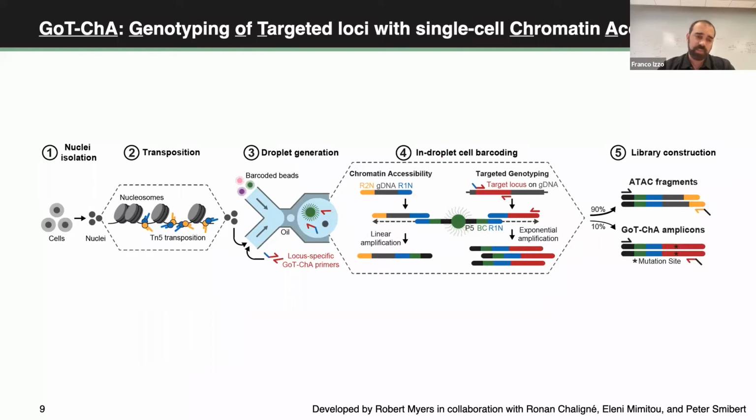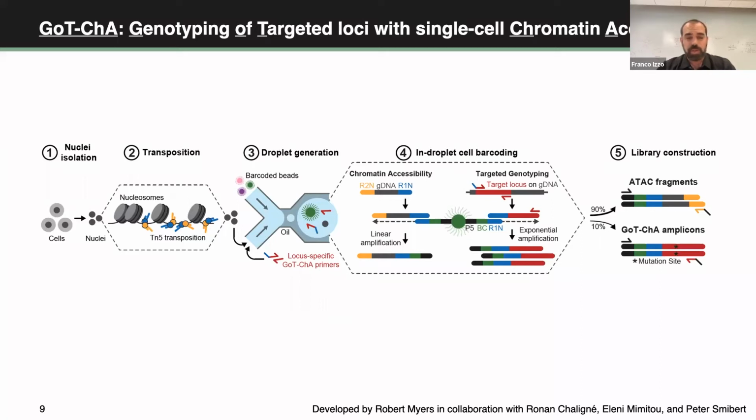So to achieve this, we added 2 locus-specific GoTChA primers, which are shown there in red in step 3, that flank the locus of interest, with 1 primer handle containing the Nextera read adapter sequence, which you require for capture in the bead, and it's the same way that you capture the segmented chromatin fragments, for example.